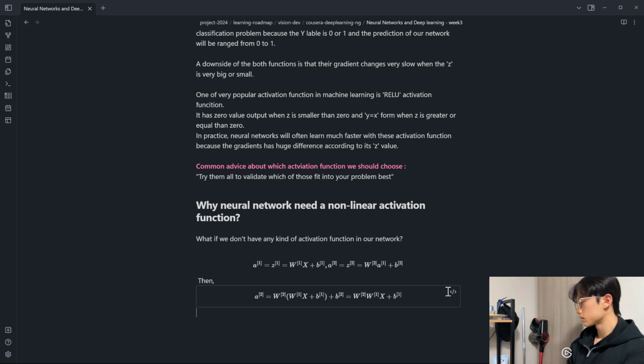It's networks with many, many layers, many, many hidden layers. And it turns out that if you use a linear activation function, or alternatively, if you don't have an activation function, then no matter how many layers your neural network has, all it's doing is just computing a linear activation function. So you might as well not have any hidden layers.